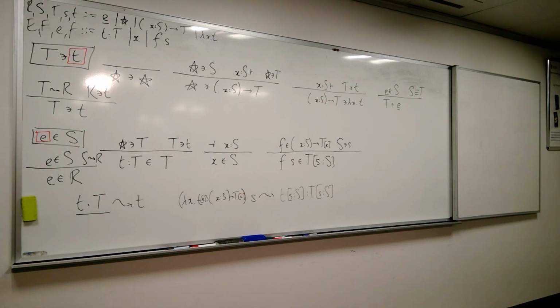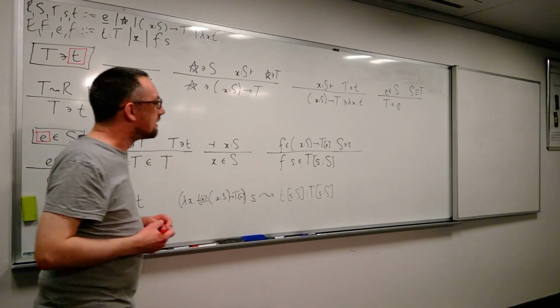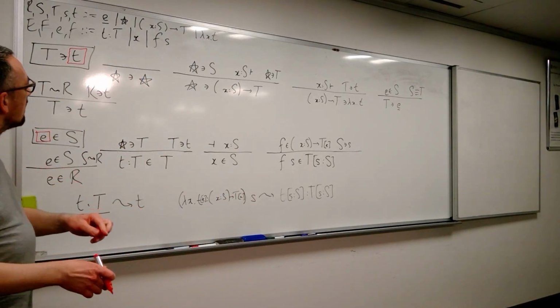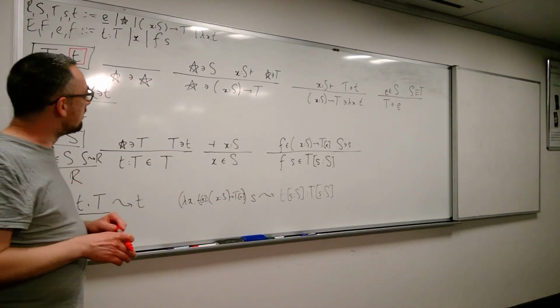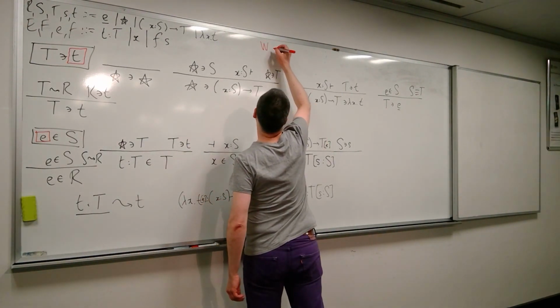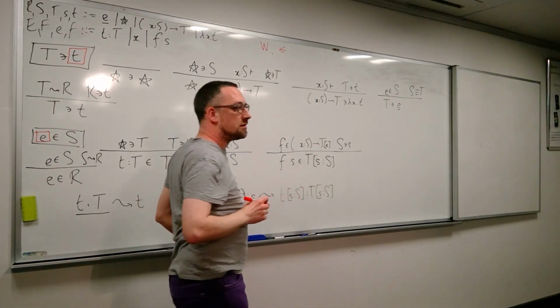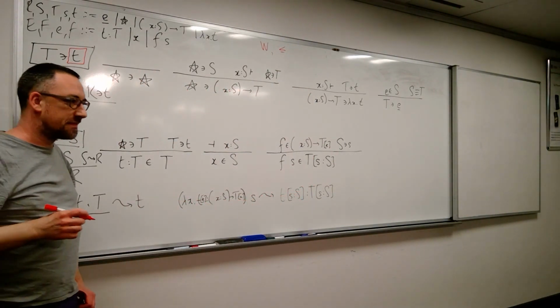Let's put the black pen away. Think with the red pen about worlds. We're going to have some type W, and we're going to have some pre-order on worlds.